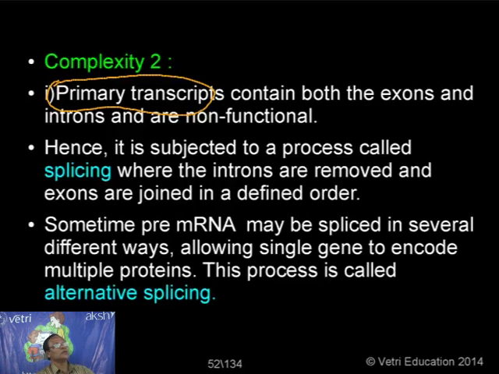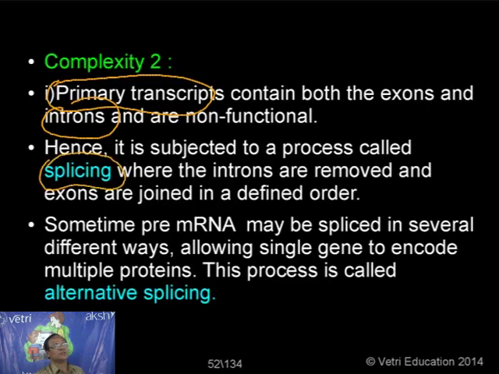That should undergo a process called processing. As it contains exons and introns, you have to remove the non-functional, unwanted introns, so that pre-mRNA or primary transcript must undergo a process called splicing.